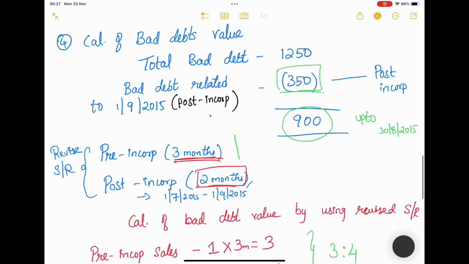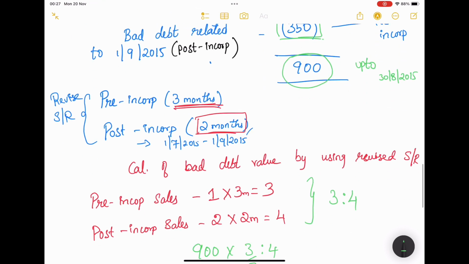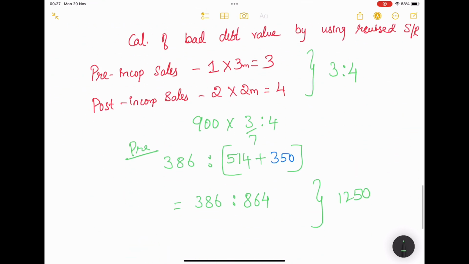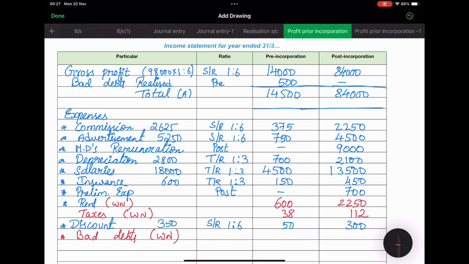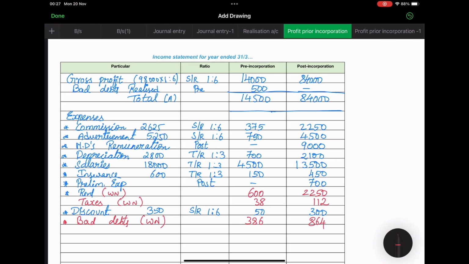So this is related to the calculation of bad debts. We have identified this, and finally we know the value 386 and 864. So 386 and 864 as the value. Got it?